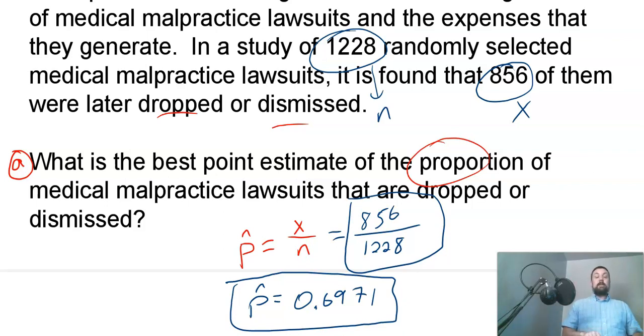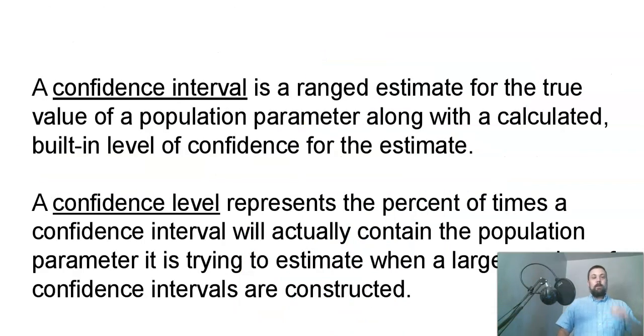And that would be our best estimate for the population proportion. So in our sample, 70% of the lawsuits were dropped or dismissed. So our best estimate for the population is that 70% of the lawsuits are dropped or dismissed. That would be our best estimate if we had to pick just one number. But we're going to be able to do more than that in just a minute.